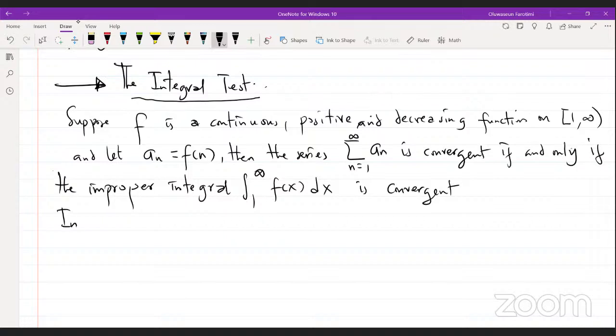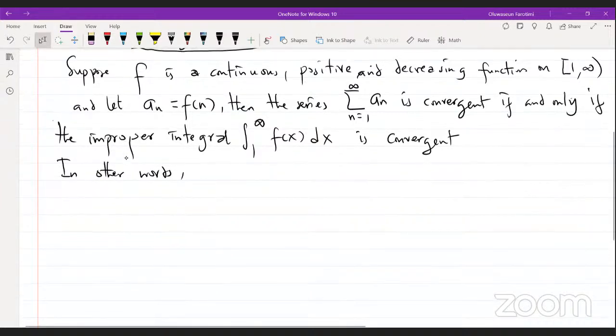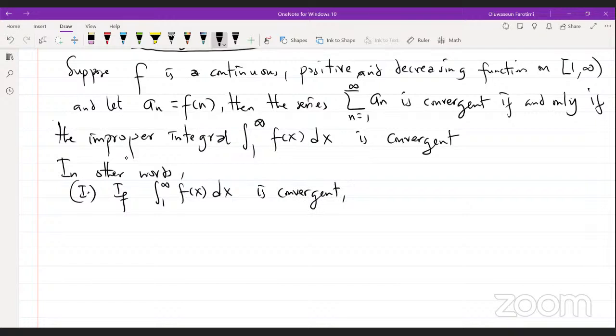A lot of this can be confusing, so let's write it in clearer terms. Number 1, if this improper integral is convergent, then the series, the sum from n equals 1 to infinity of a_n, is convergent.